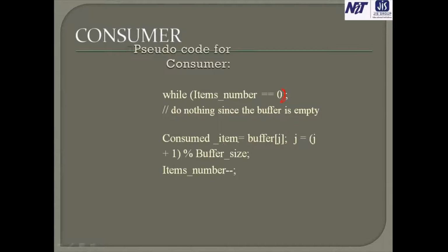Whenever it consumes an item, it fetches from the buffer, and the item count is decreased by 1. j = (j + 1) mod buffer size. If we consume 5 items, next time it will consume the previous item.